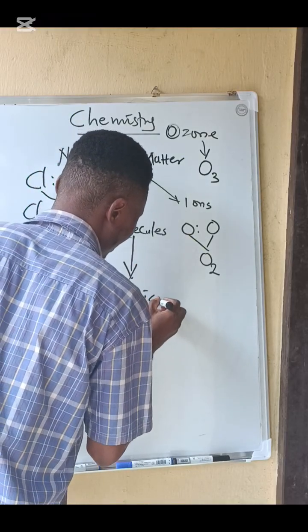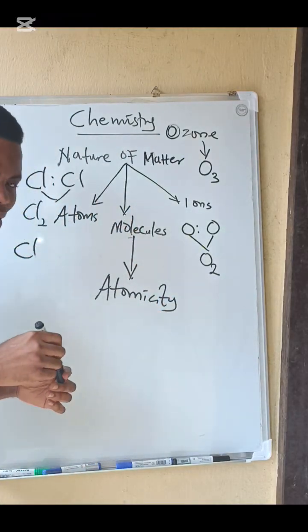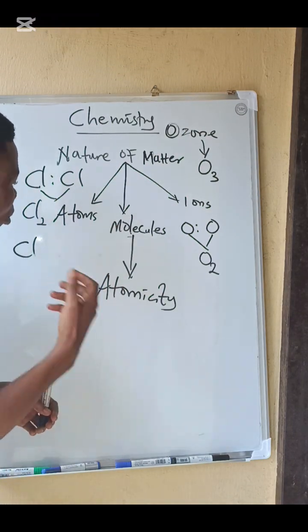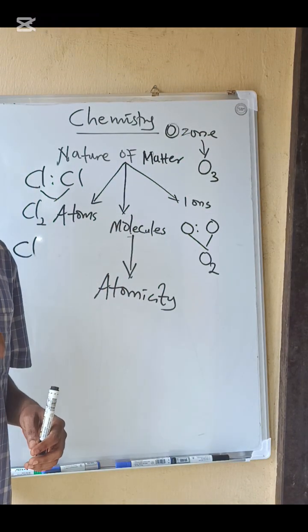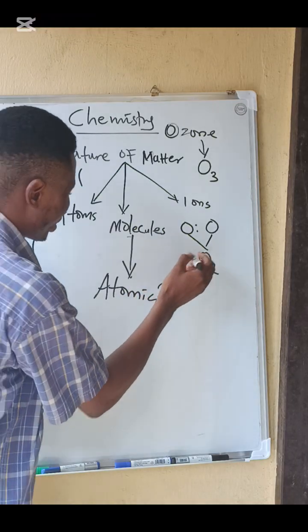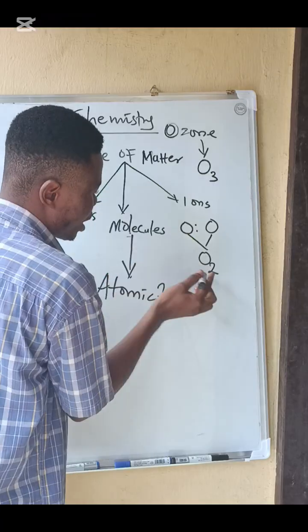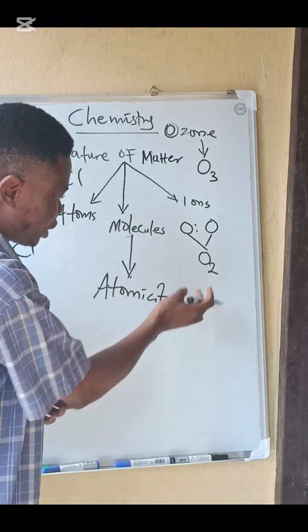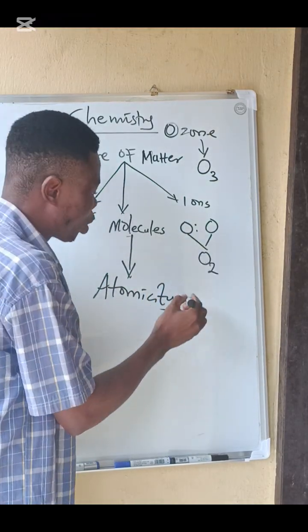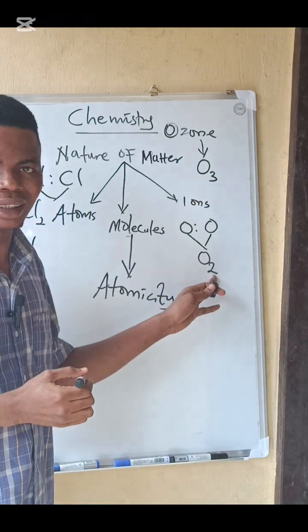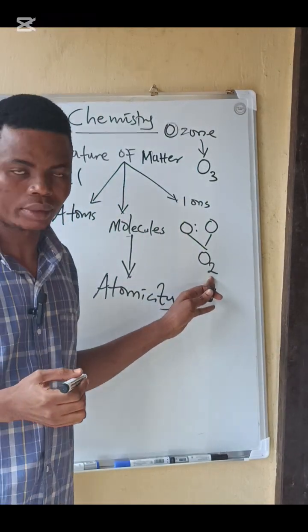What's the meaning of atomicity? The number of atoms present in each molecule of this element is called atomicity. For example, this one now we have O2, which is the molecule. Now, if they ask you what is the atomicity of this molecule, it's 2, because we have O2 here and it exists as diatomic.